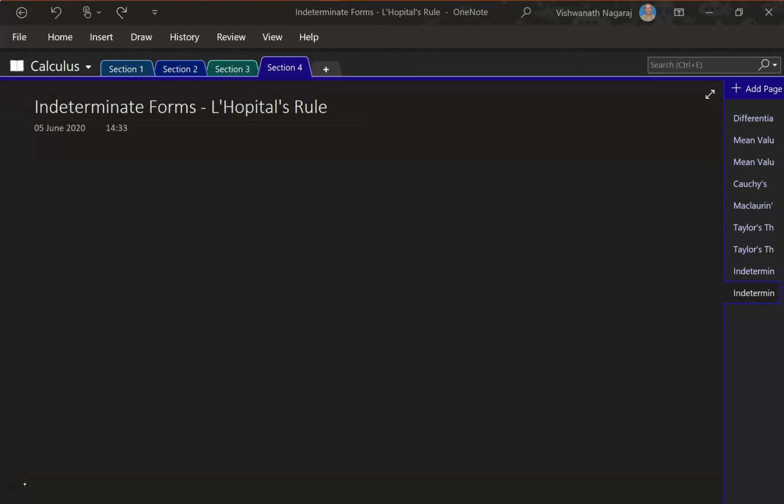Let's look at another form of indeterminate form, that is infinity by infinity.